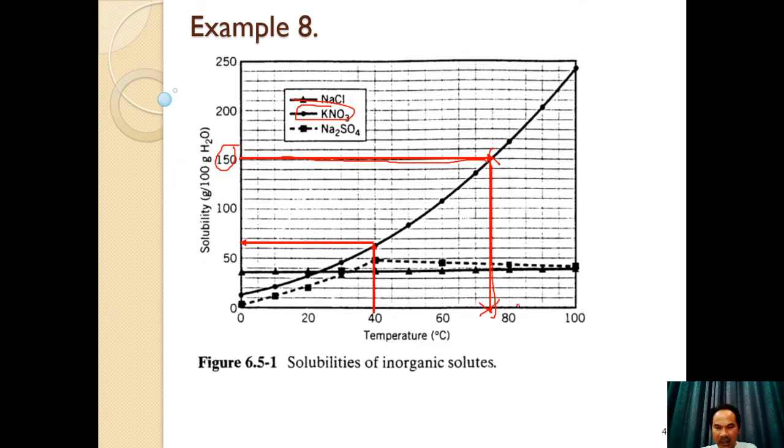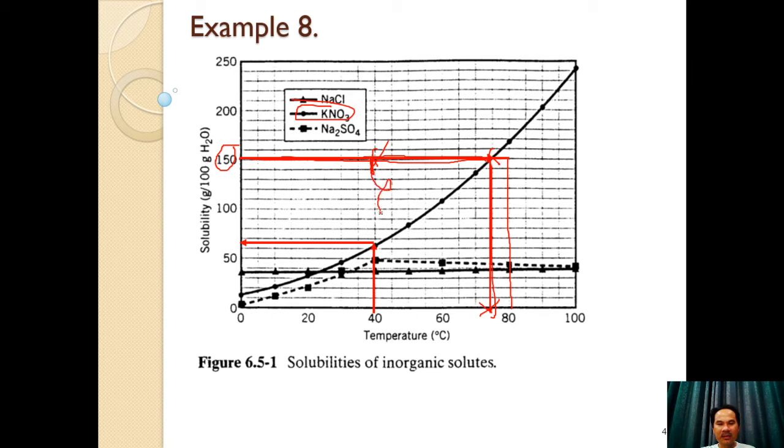For this case, we start at 80 degrees Celsius with 150 gram of potassium nitrate per 100 gram of water, and then you cool to 40. This point is supersaturated, but 80 is undersaturated.